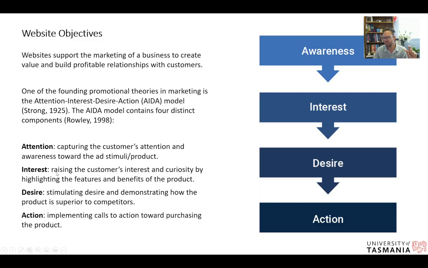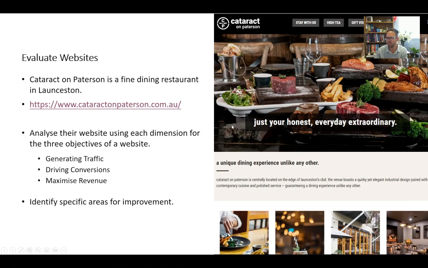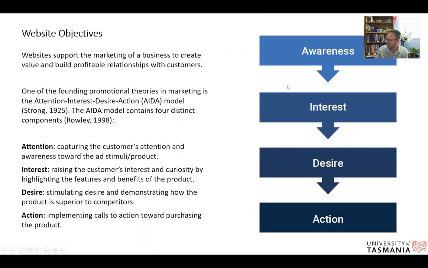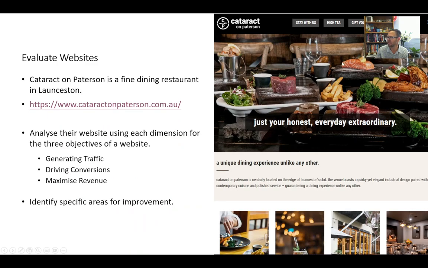Is this website getting our attention? Is it generating interest? Is it making us desire to actually make a booking and then facilitating the action? I think the attention's working quite well. The interest looks interesting, but is it stimulating desire for us to book? Is the focus of the website to send us to that call to action?